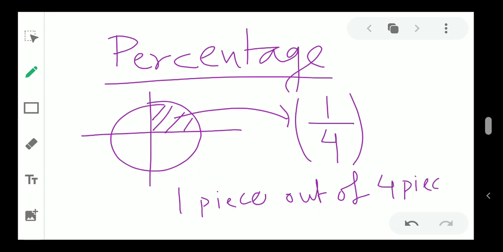So 4 is the total one. The denominator is always the total one, and the upper one is the selection, like how much you have selected.